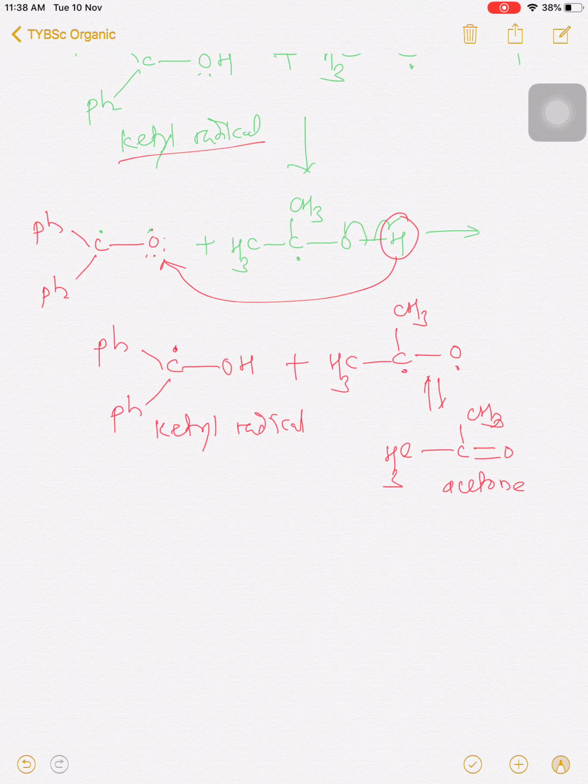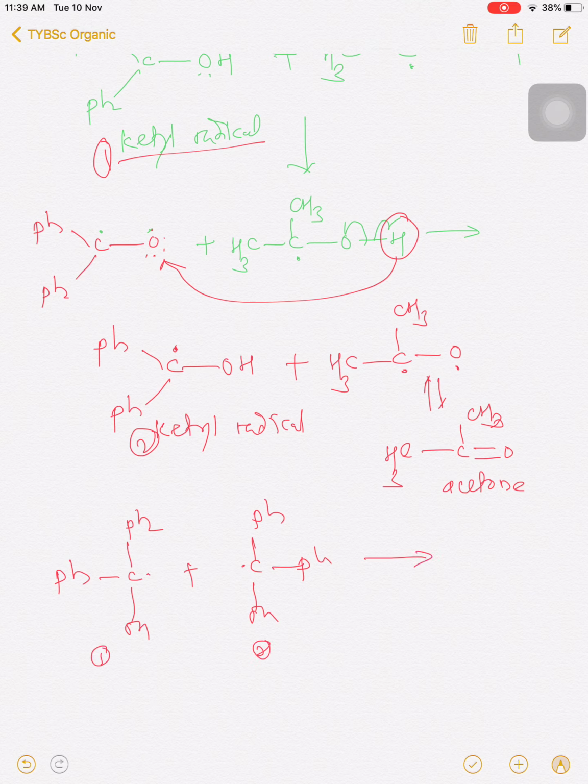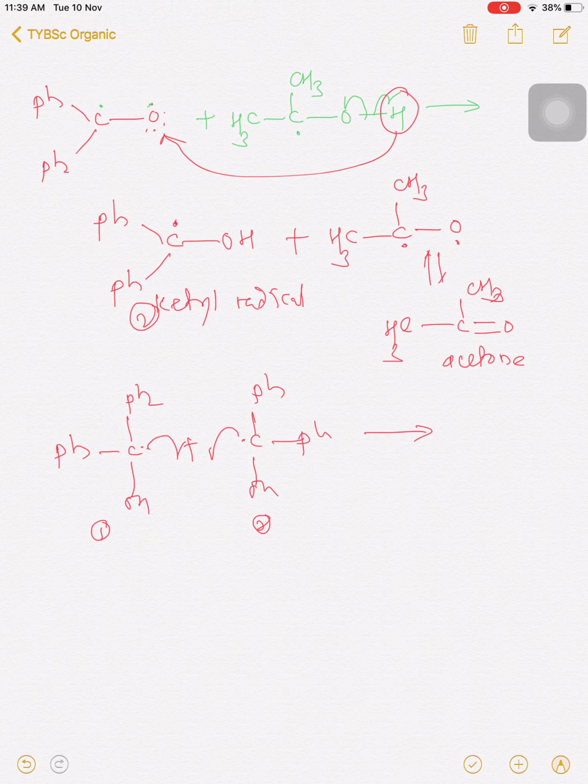They recombine with each other. If I give the numbering 1 and 2, I will write here Ph, radical, OH below, plus the same molecule. These two ketyl radicals, 1 and 2, recombine with each other and there is a formation of the final product, Ph, OH, Ph, OH.